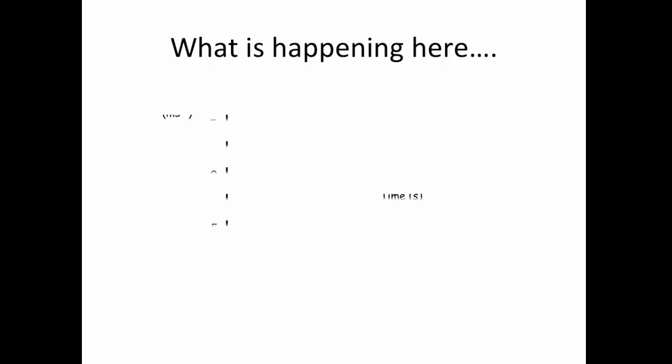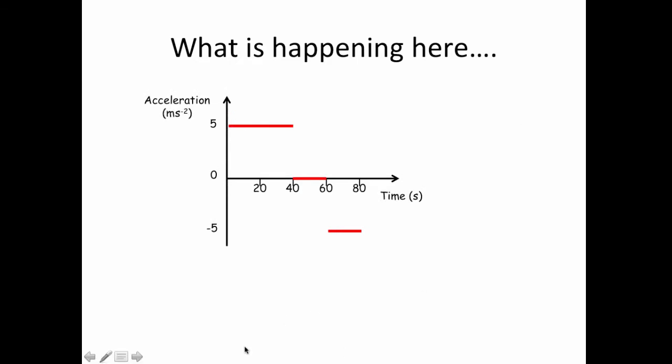All right. Now, let's have a look at this one and describe what's going on. Up here we have something moving with a constant acceleration, gradient is 0, of 5 meters per second squared for 40 seconds. Now, we've got a discontinuity here. We don't draw anything between there and there because we're modelling the situation.